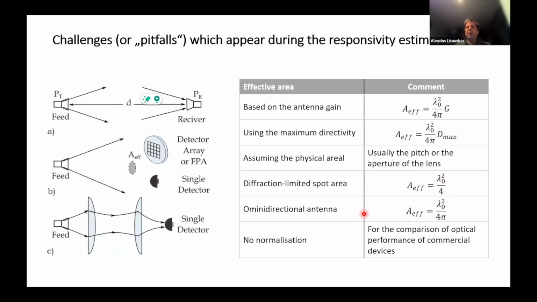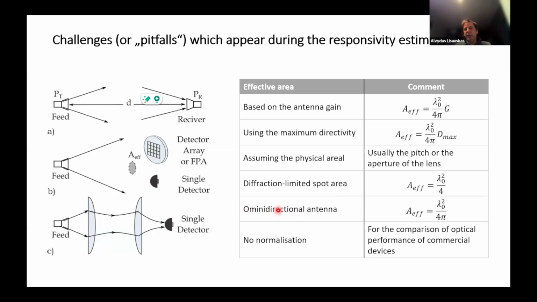And coming from antenna people, they say that is the area of an omnidirectional antenna. Although this relies on the knowledge of antennas, it even gives a pi times smaller area than that of the wrongly taken diffraction-limited area.